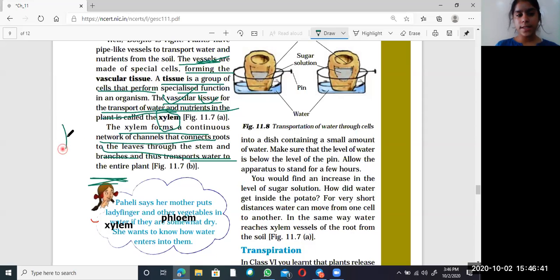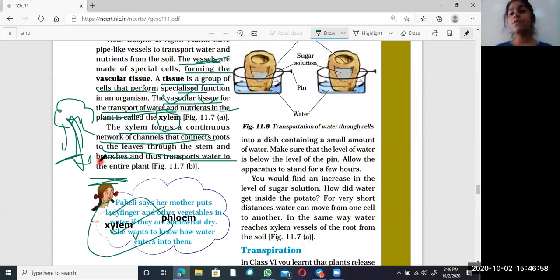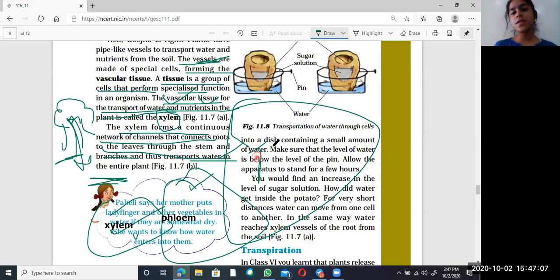अब now note this thing, जो आपका ये xylem tissue है, because xylem tissue water को transport करता है, it is unidirectional, वो एक ही direction में move करता है, root to ऊपर and ऊपर to down. But if I talk about food, the phloem tissue, because food है every part of plant में जाना चाहिए, it transfers in every part.